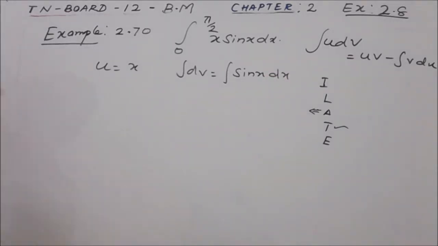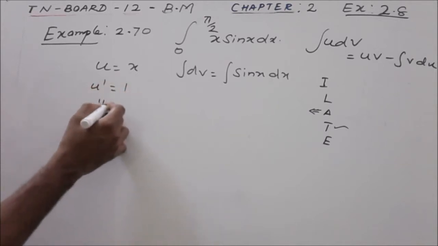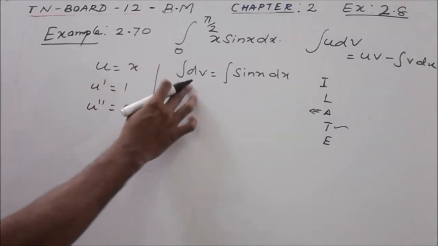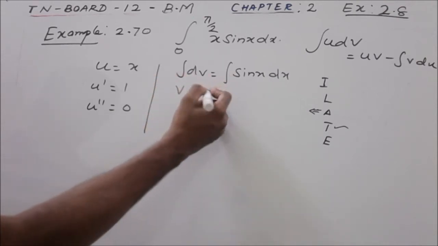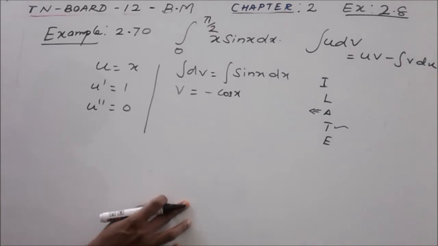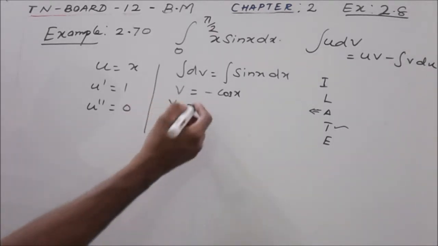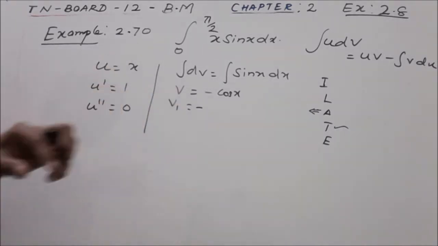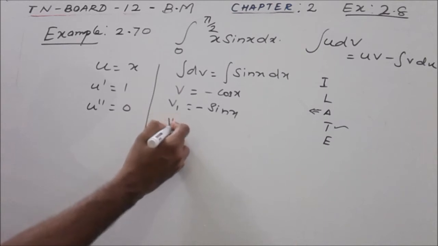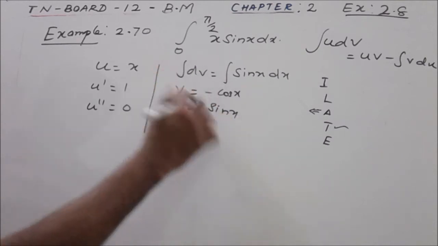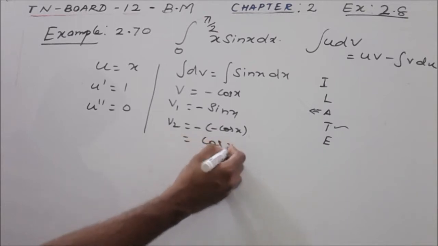Now differentiate: u dash is equal to 1, u double dash is equal to 0. Integrate dv, which implies v equals integral sin x, which is minus cos x, and then v1 equals minus integral of cos x, which is again sin x, and v2 is minus sin x integrated, meaning minus cos x again, so v2 equals plus cos x.